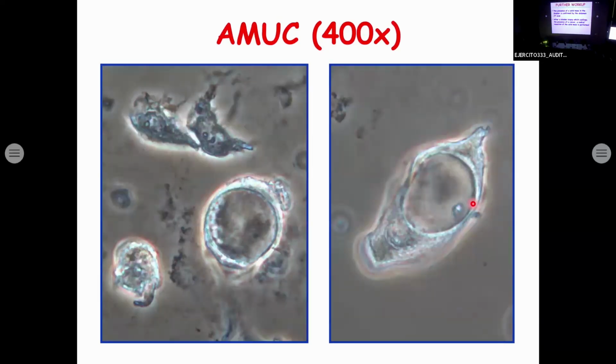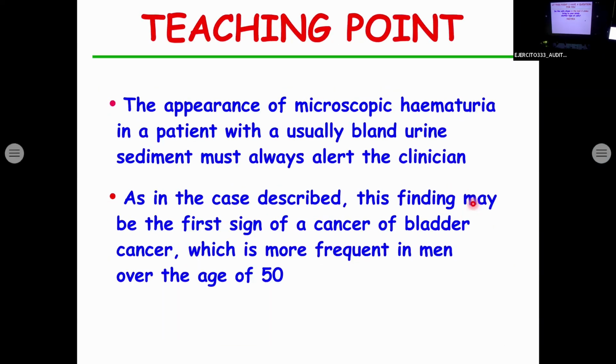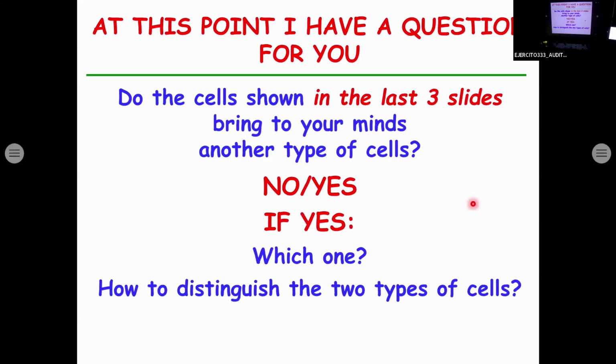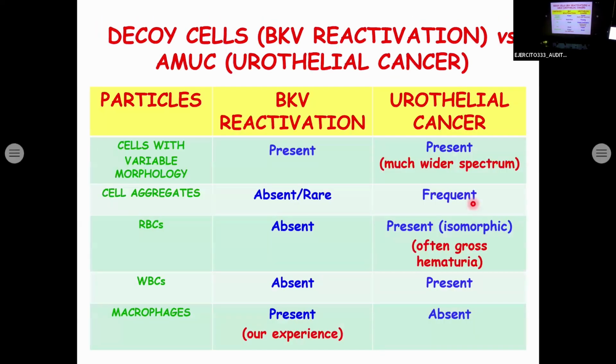Okay, we can go on. Yes, they are really very similar to the decoy cells, type 1 and type 2 we have seen 2 days ago. Yes, which one? How to distinguish the 2 types of cells? Okay, decoy cells associated with BKV reactivation, with variable morphology, yes.